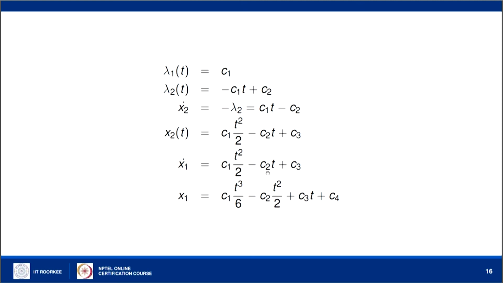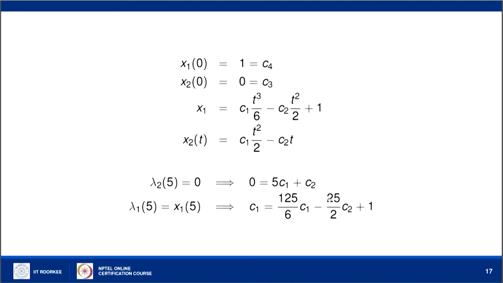So, substitute x2 in the right hand side, and then integrate, we will get x1 as the solution like this. Now, C1, C2, C3, C4, all these can be found by directly substituting the boundary conditions. All the conditions can be easily substituted and solved. All the 4 constants can be obtained.